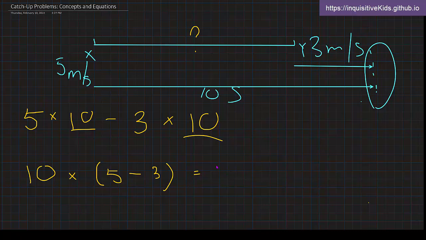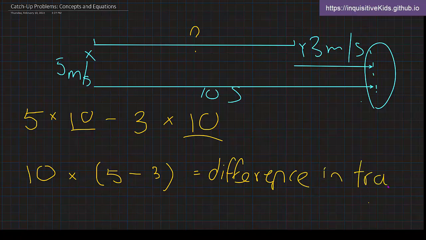So head start, but in this type of problem, its key term would be difference in track. Track is just how much something goes, and this is the difference of how much each person goes. This is the difference of X's amount that he ran and Y's amount that he ran. So this is the formula.